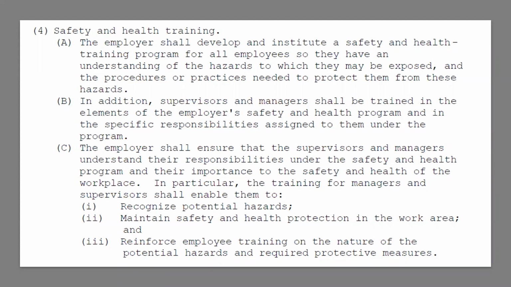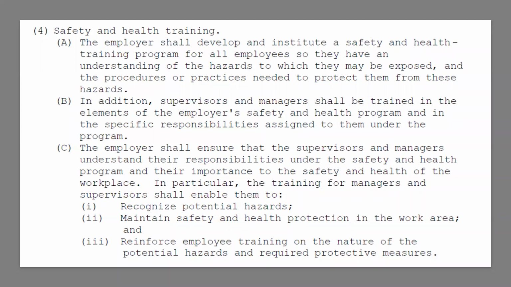So that includes managers, supervisors, line employees, office employees. Every single level within your organization has some level of hazard and some level of training that they're required to have. And this training should give them the understanding of those hazards that they may be exposed to, and the procedures and practices to protect themselves from those hazards. That's the basic level for everyone.